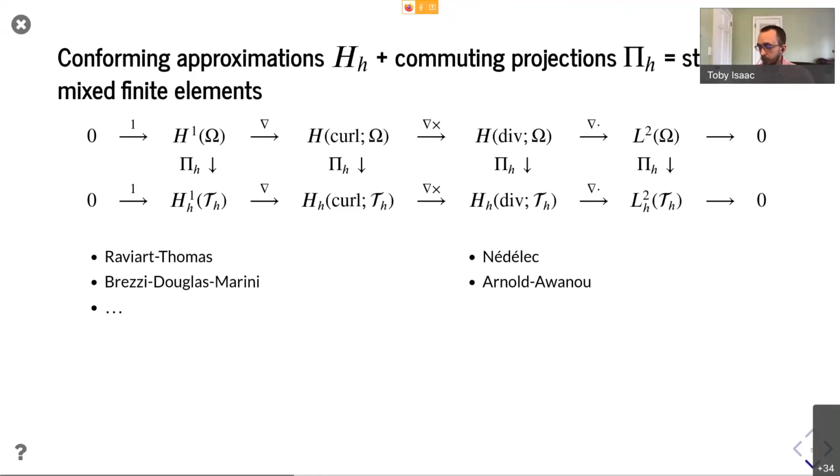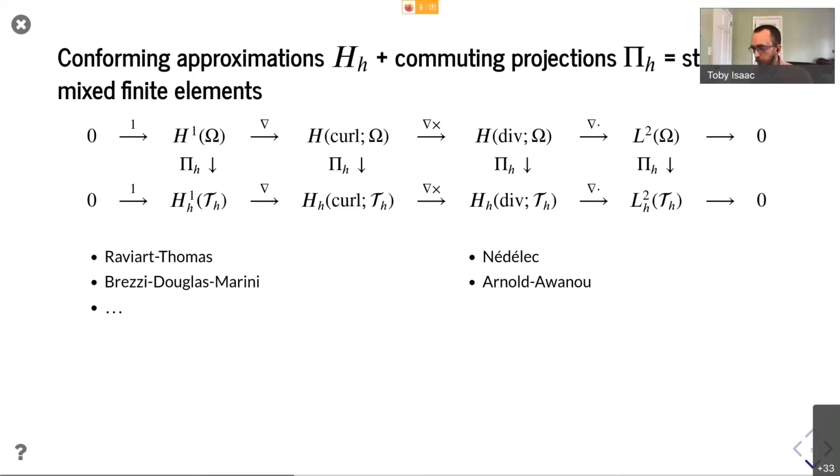And the approach to doing finite elements with these spaces is if we have conforming approximation spaces, here with lowercase h being the mesh constant, and some projection operators that commute with the differential operators on the arrows, then we have stable mixed finite elements.